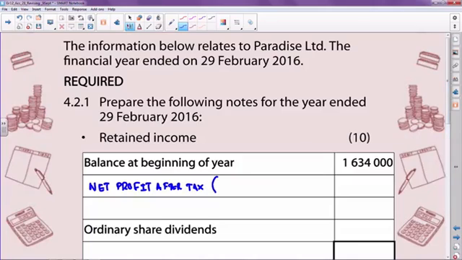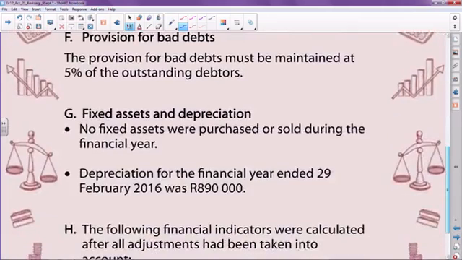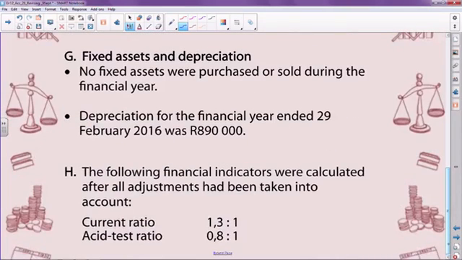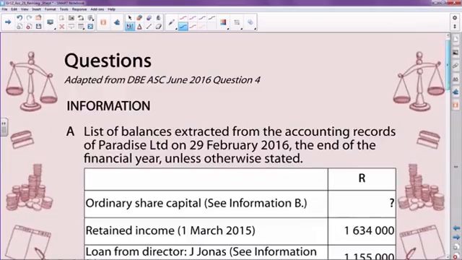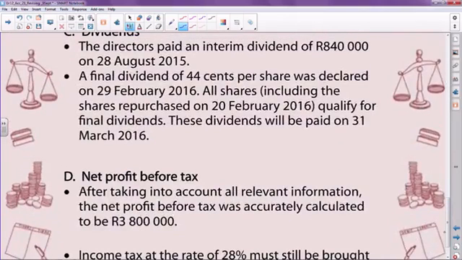What do I have? I'm told that with regard to my taxation, we got information here regarding our taxation. Here goes. After taking into account all relevant information, the net profit before tax was accurately calculated to be 3,800,000.